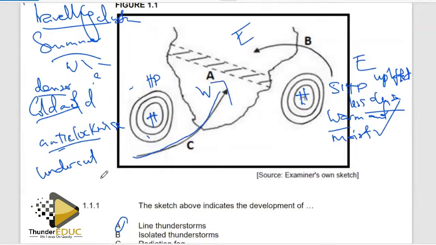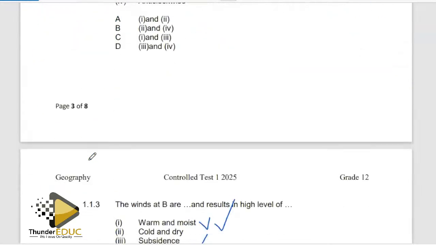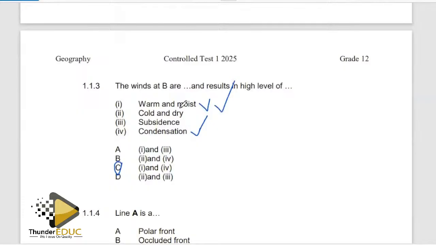We know that the South Atlantic is influenced by the cold Benguela current. We have cold and dry air from the South Atlantic high pressure. So our response, the air mass at sea is cold and dry, which is item number 2.